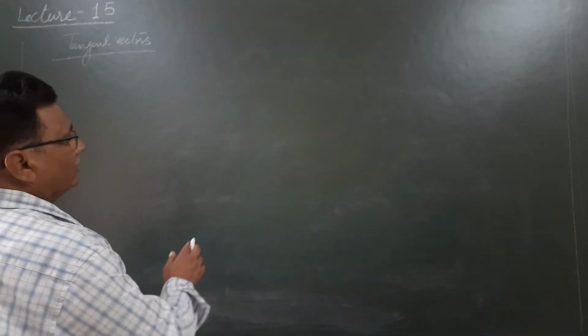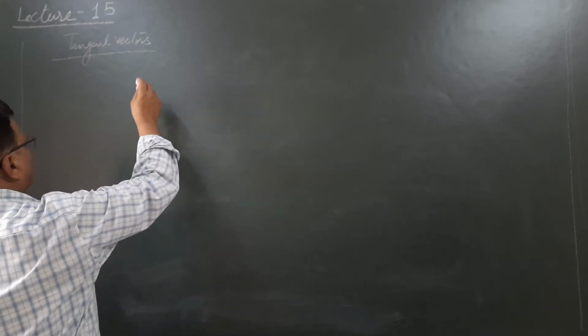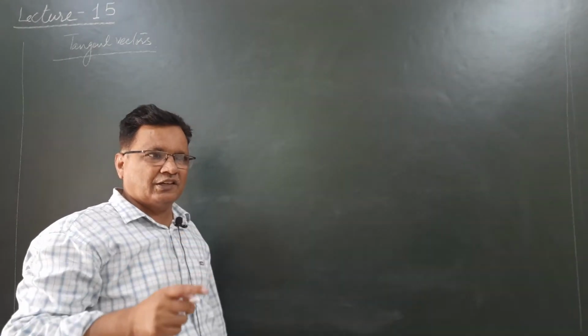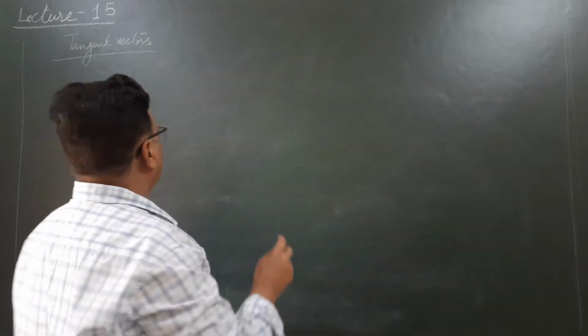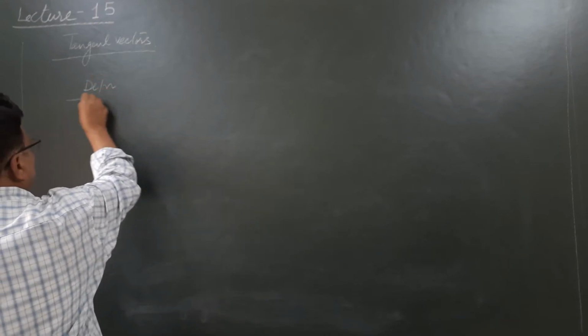Okay, what I was saying is about the tangent vector of a curve. So first of all, how will you realize a curve on a manifold? I have to write down the definition of a curve on a manifold.